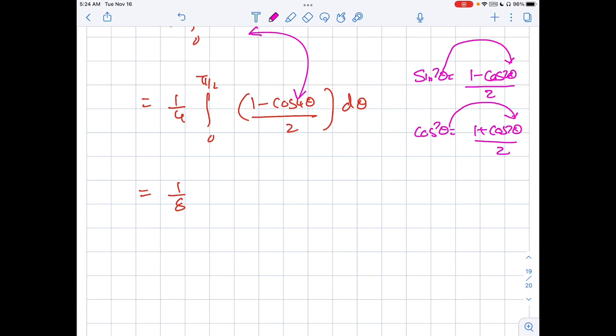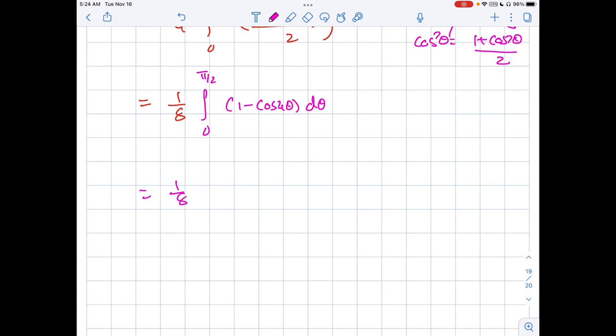So 1 upon 8, integral 0 to pi by 2, 1 minus cos 4 theta d theta. So 1 upon 8, integral of 1 is theta, integral of cos 4 theta is sine 4 theta upon 4, from 0 to pi by 2.